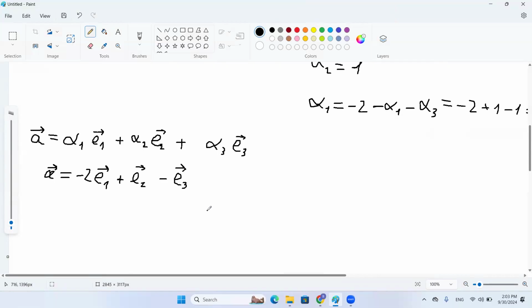And that's it. So here is the decomposition of the vector and how it looks. Do you have any questions about this task? Is everything understandable for you or not?